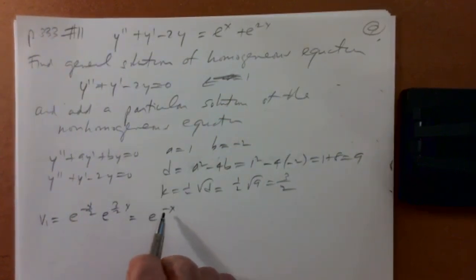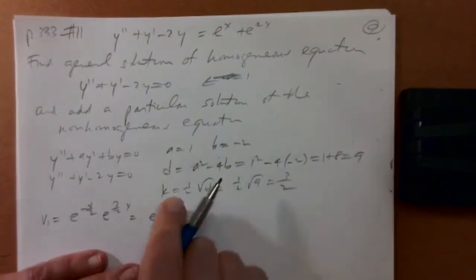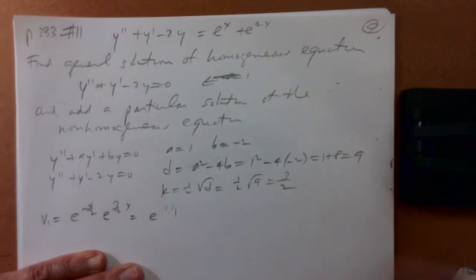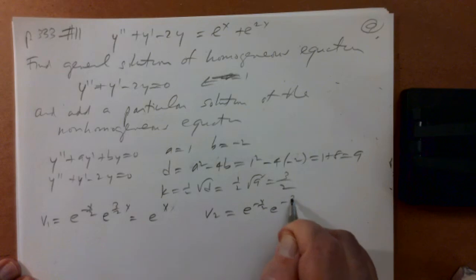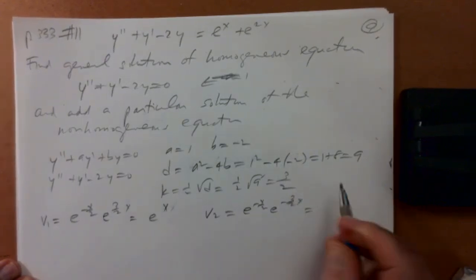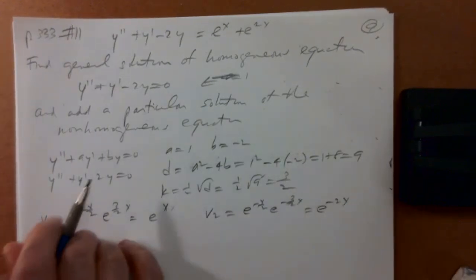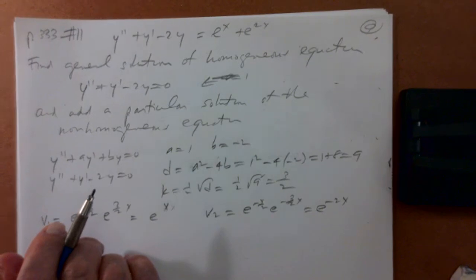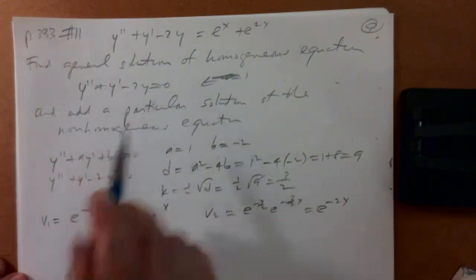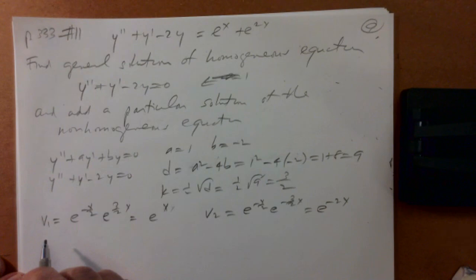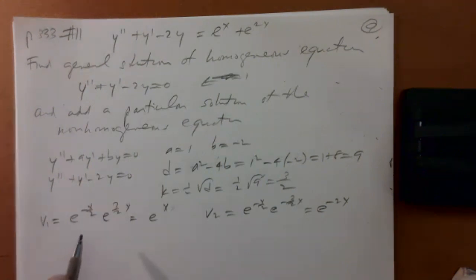Oops, e to the plus x. Minus 1/2 plus 3/2, e to the x. And V2 is e to the minus x over 2 times e to the minus 3/2 x, which is e to the minus 2x. So for the homogeneous equation, the general solution is some linear combination of V1 and V2.